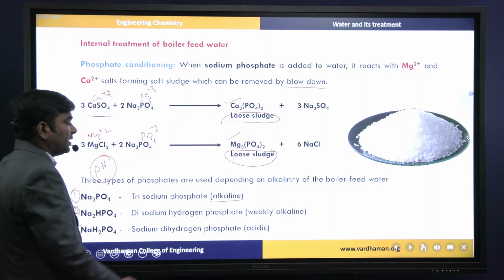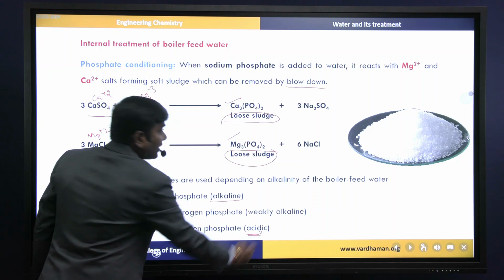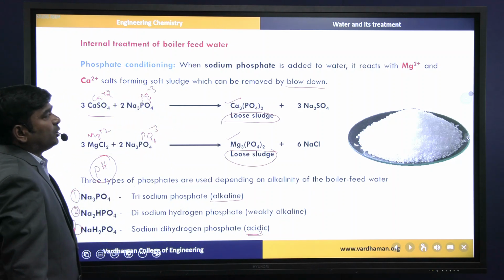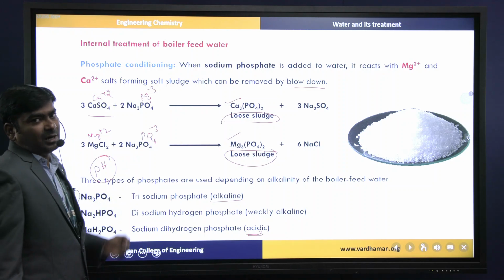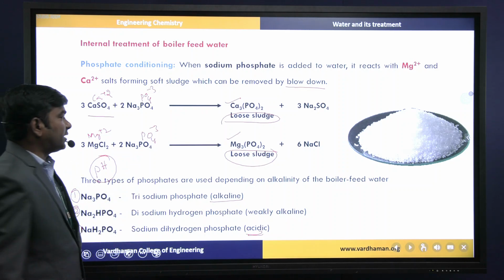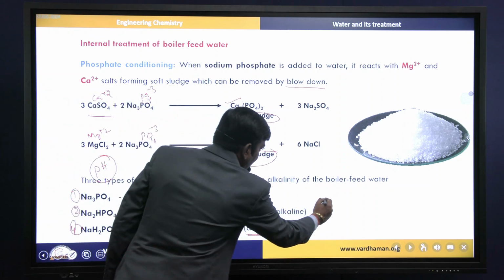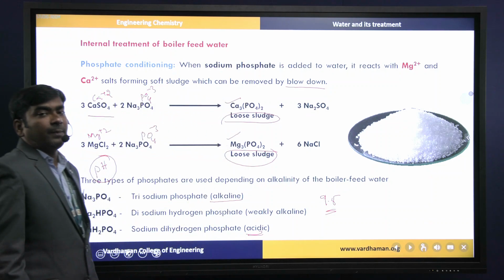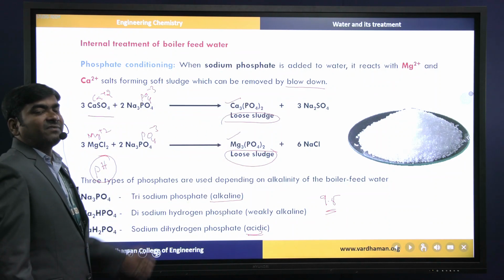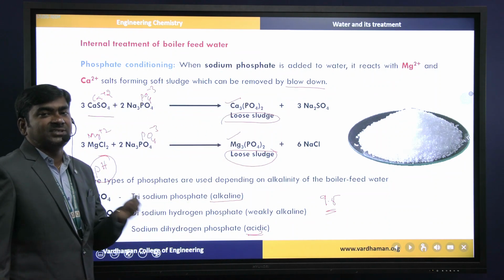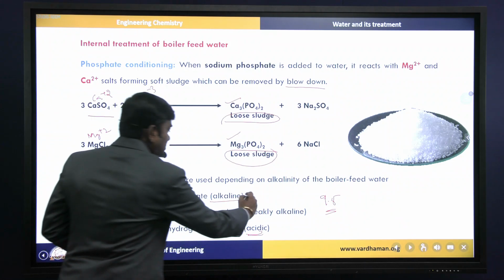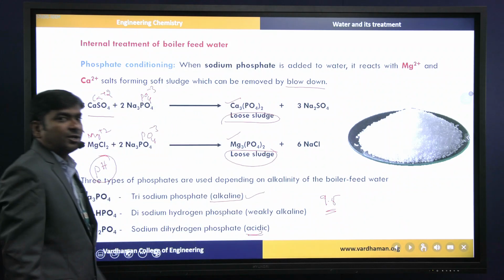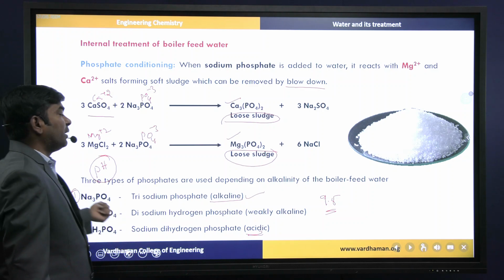And the last one is acidic in nature. To get a better reaction with the calcium plus 2 based salt, the pH of the water should be above 9.5. That means if the given water is acidic, then we need to choose the first one, that is sodium phosphate, Na3PO4.